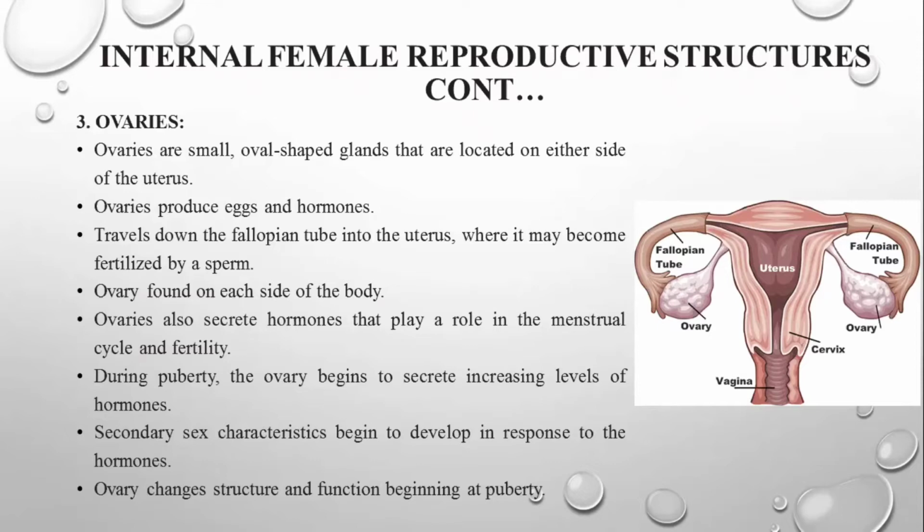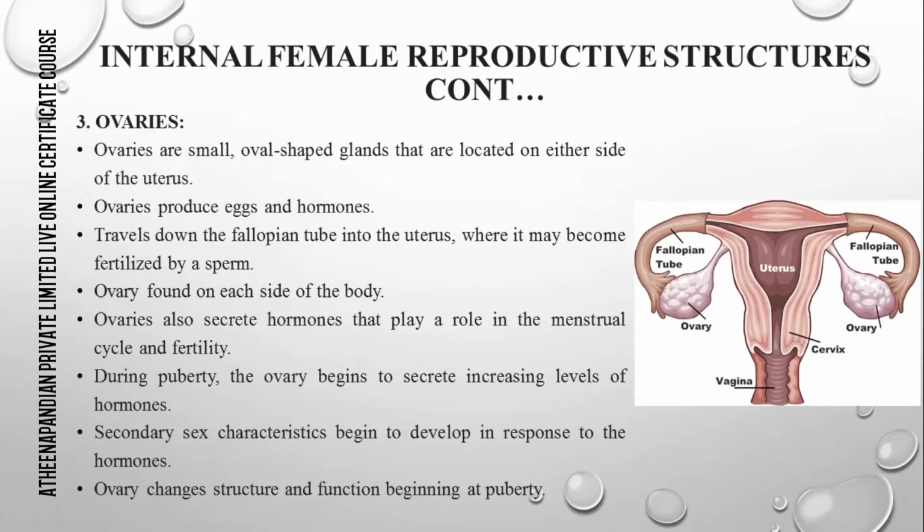During puberty, when the girl attains the age, the body starts producing hormones with the help of gonadotropin-releasing hormone, which is secreted by the hypothalamus, and the follicle stimulating hormone and luteinizing hormone, which stimulate the pituitary gland to secrete these hormones, and they help in the process of ovulation.